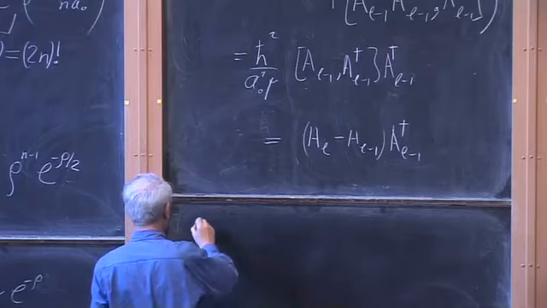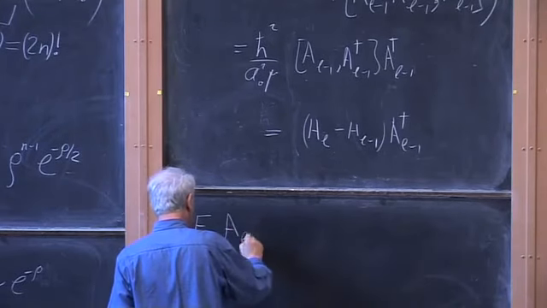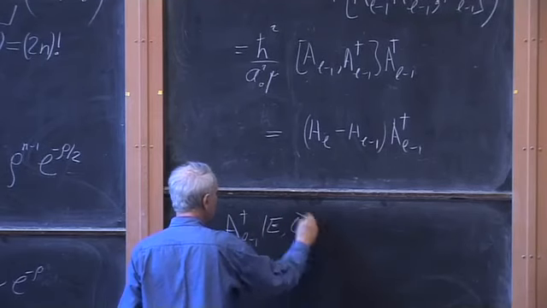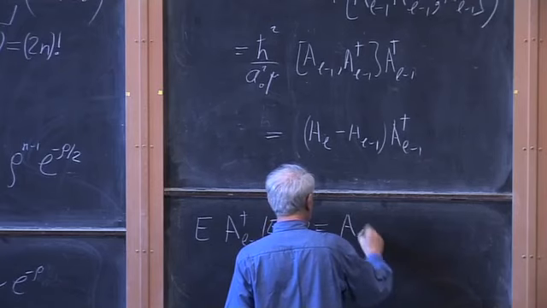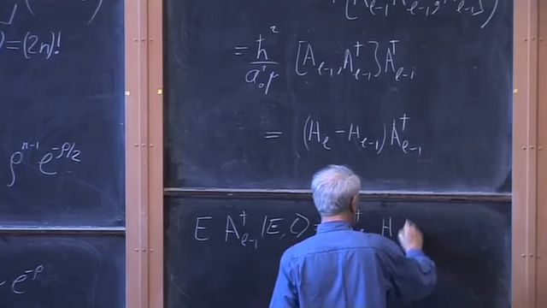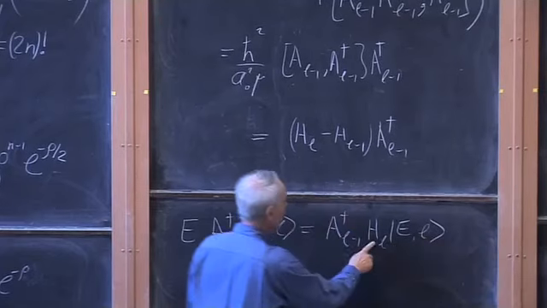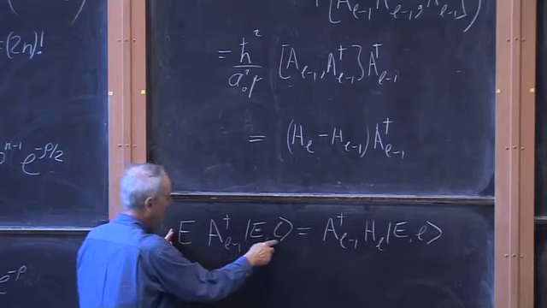What we do with that, of course, is we say that A_{L-1} dagger H_L E_L is equal to A_{L-1} dagger E E_L, since H_L E_L is E E_L.